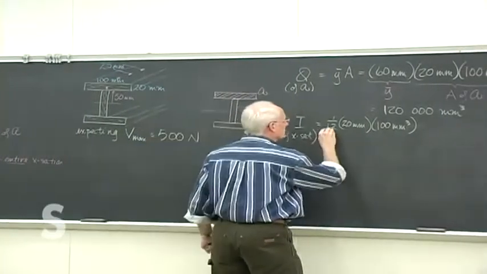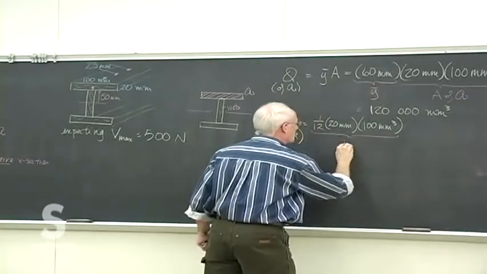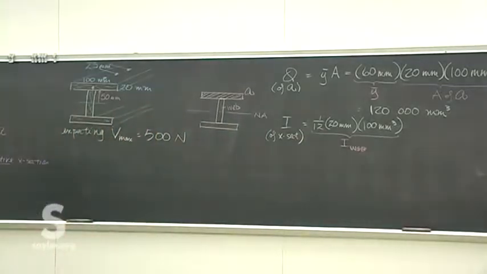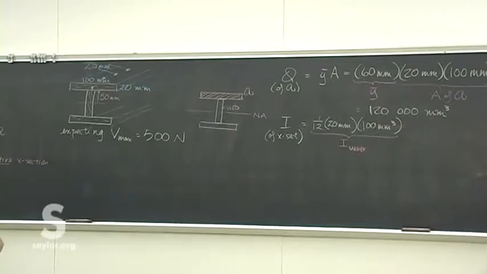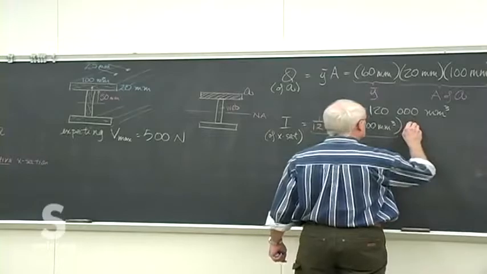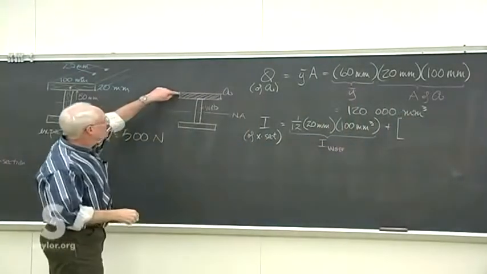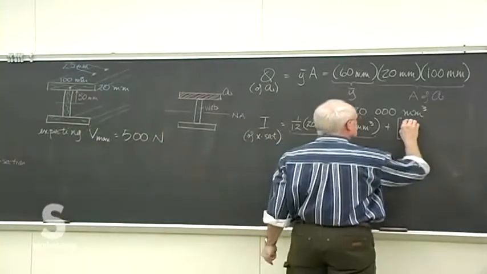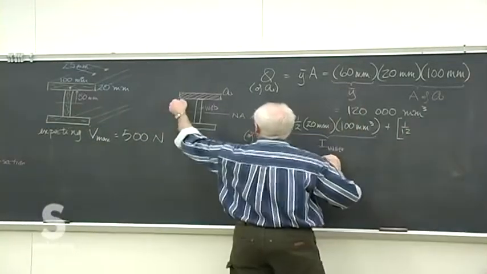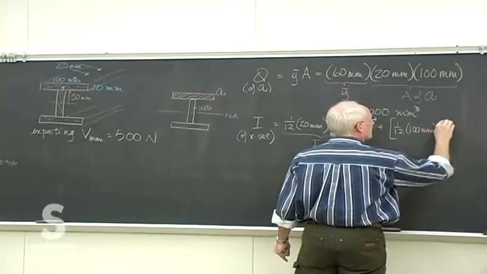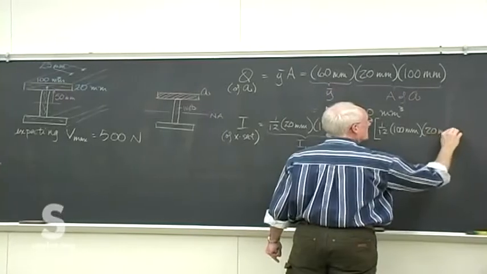This is I of just the web. And then the other pieces are the centroidal moment of inertia of the flange, which is 1/12 B, which is now the 100 dimension, H cubed, which is the 20.